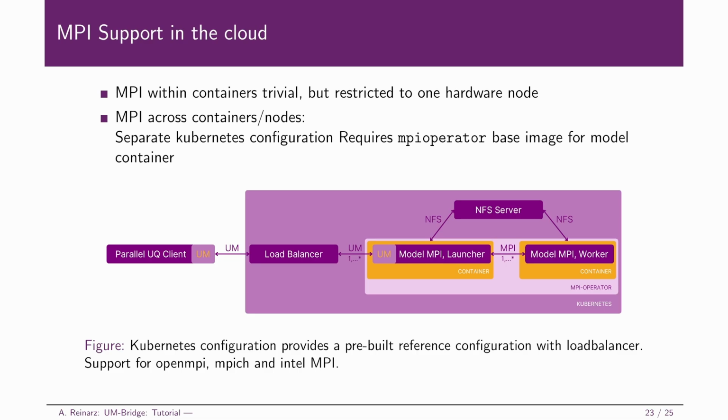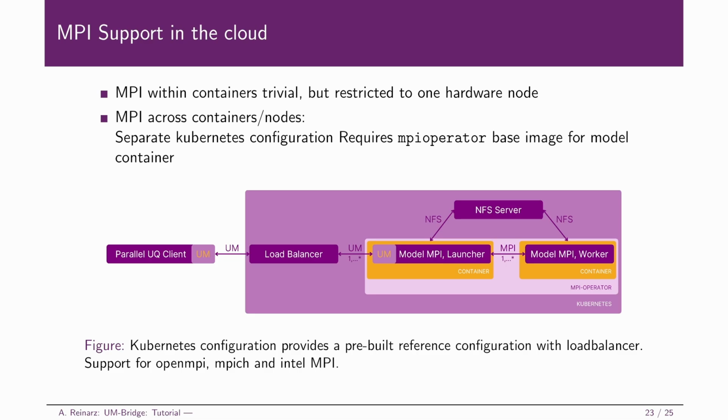So let's have a brief look at what that might look like. Actually, we'll look at what it looks like in the most complicated possible setting, where you have everything switched on and all forms of parallelism that you could think of. On the very left of this picture is your parallel UQ client. This could be, for example, PyMC, which is going to send requests via the UM-Bridge protocol to our load balancer.